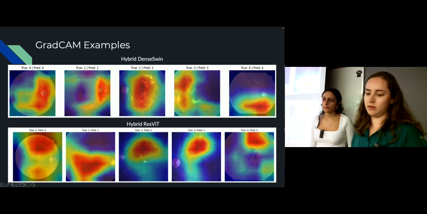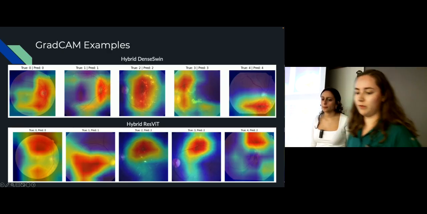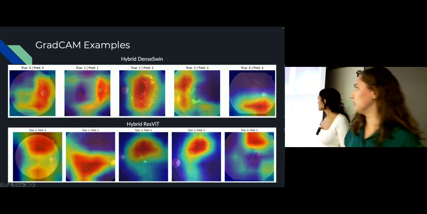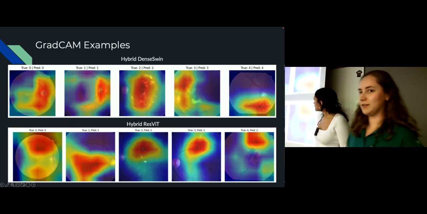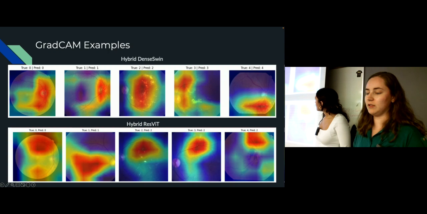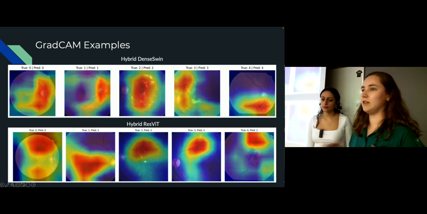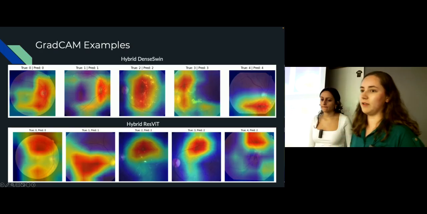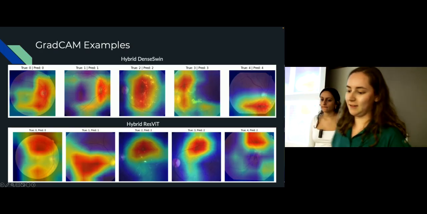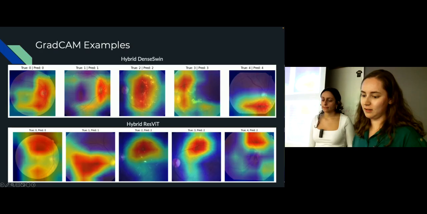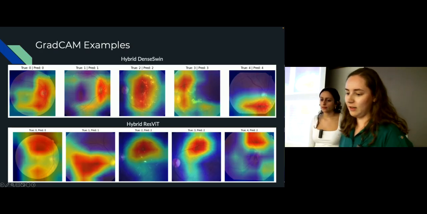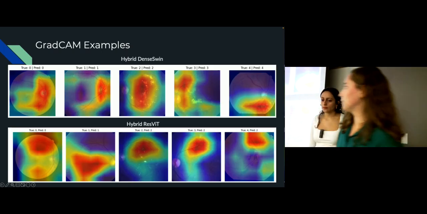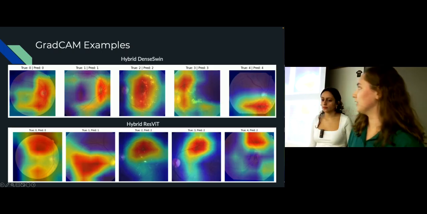And here are some examples from our GradCAM. We use GradCAM to display a heat map over the images to be able to see what the model thinks is most important, what helps it decide its classification. You can see that from left to right it goes from lowest, no DR, to most severe.